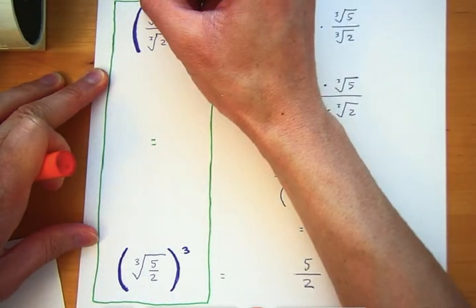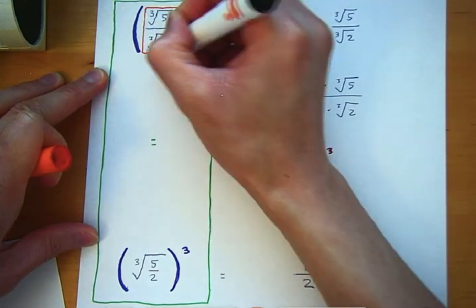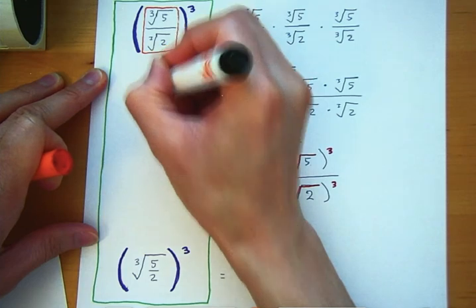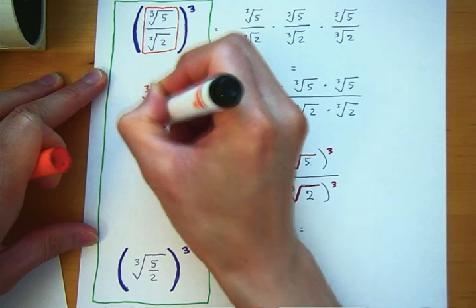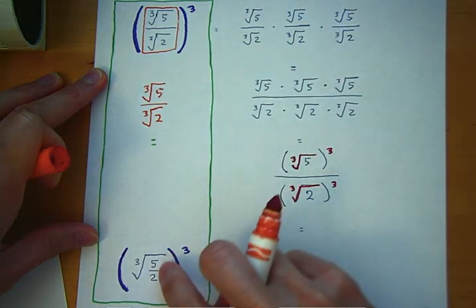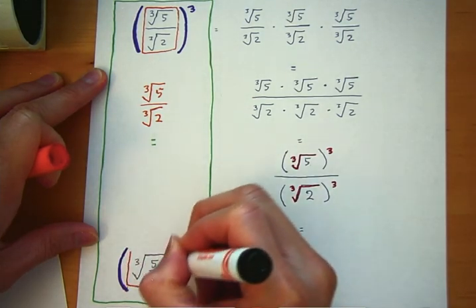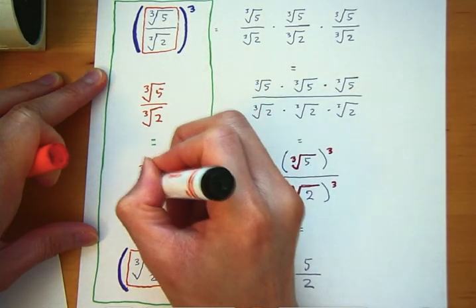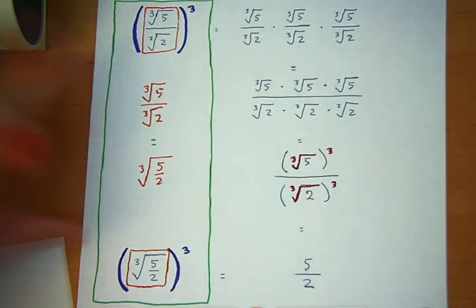So this part inside of parentheses, the third root of 5 divided by the third root of 2, must equal this thing inside of parentheses, the third root of 5 over 2. And there you have it.